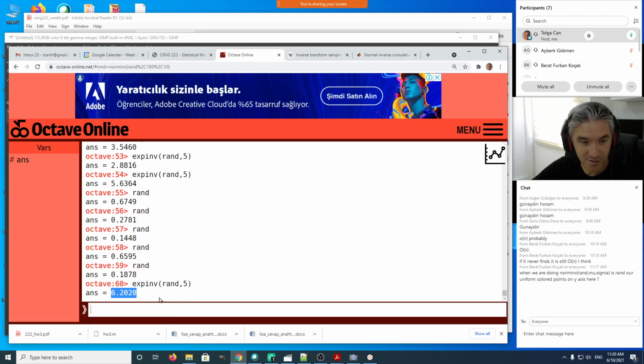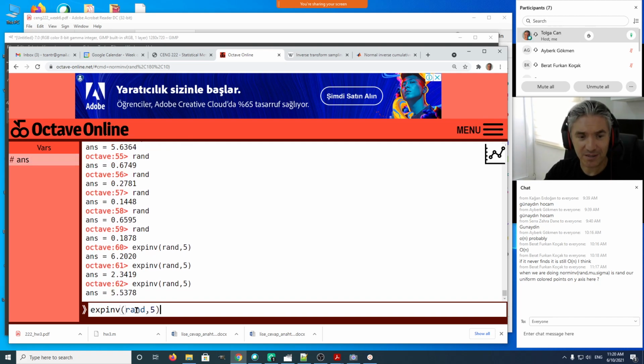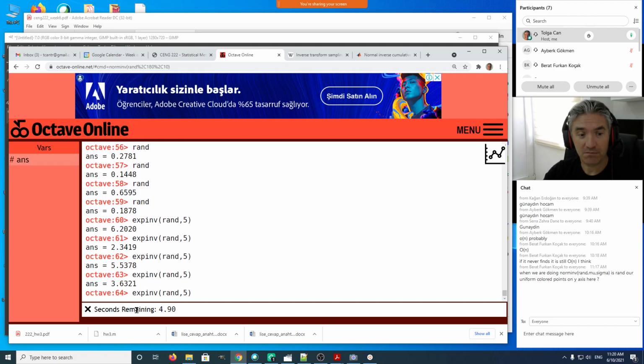continuous exponential random numbers, in which this is like the average waiting time. Exponential variables are waiting times: 6.2 minutes, 2.3 minutes. So if the average waiting time for the next bus is 5 minutes, generate me random waiting times for the next bus.